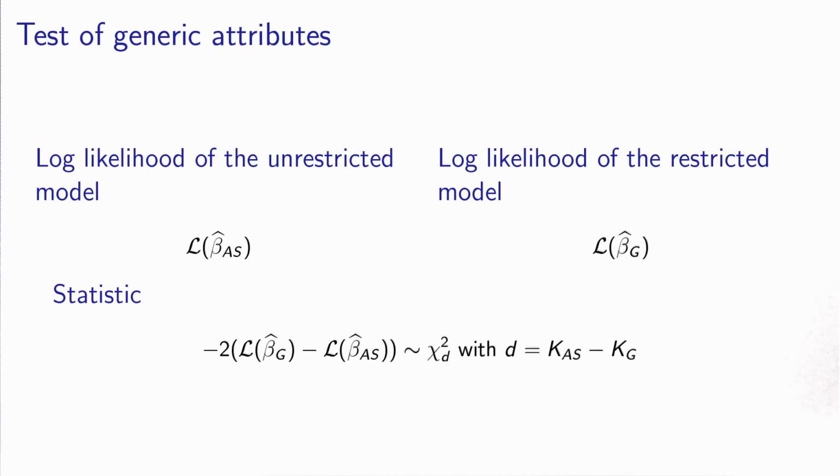And then we can apply the test, which is again a chi-square with d degrees of freedom, where d is the difference between the number of parameters of this model and this model. Typically, if you test only one variable, this model will have J betas, while the next one will have only one. So if you have only one variable that you want to test, the degrees of freedom will be J minus 1.